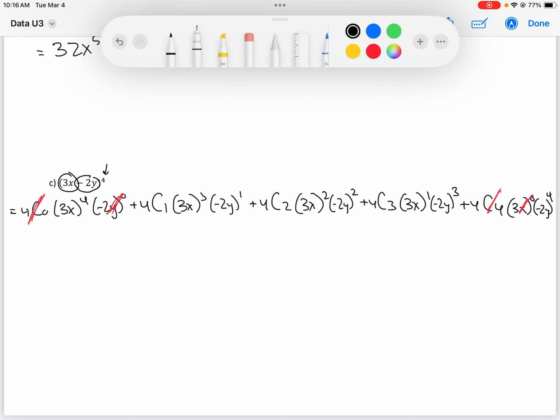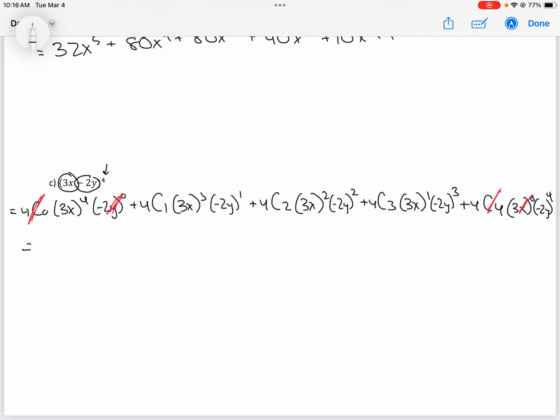And now let's expand. So 3 to the exponent 4 is 81. So I get 81x to the 4. 4 choose 1 is 4. 3 cubed is 27. x cubed. And the negative 2 to the 1 is going to be negative 2. And then we have y. Now, 4 choose 2, we get 6. 3 squared, we get 9, and then we have x squared.